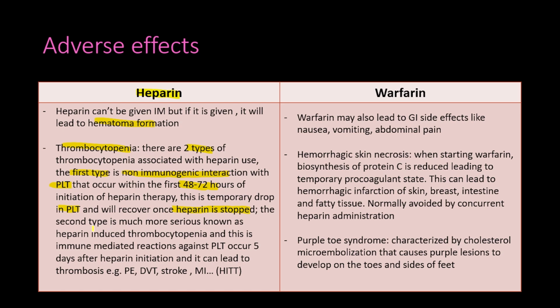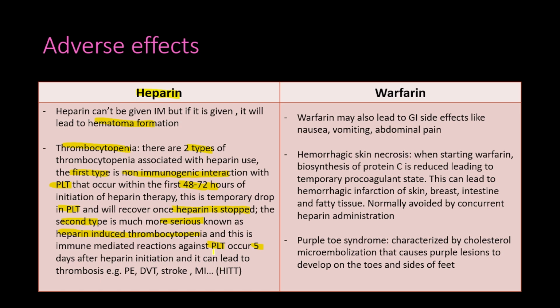Now, the second type of the thrombocytopenia associated with the heparin is much more serious, and it is known as the heparin-induced thrombocytopenia. And this is an immune-mediated reaction against the platelets that occurs 5 days after the heparin initiation, while the first type occurs 2 to 3 days after the heparin initiation.